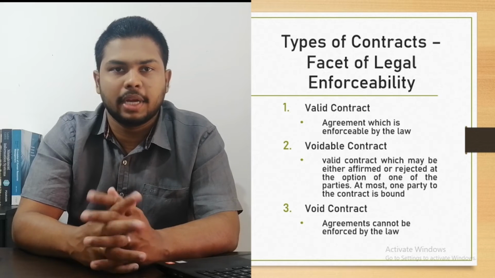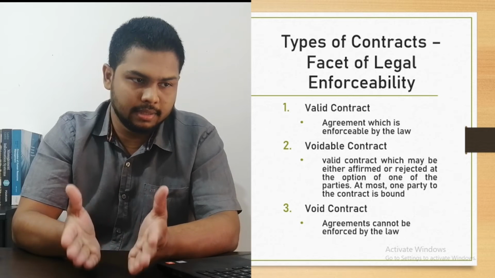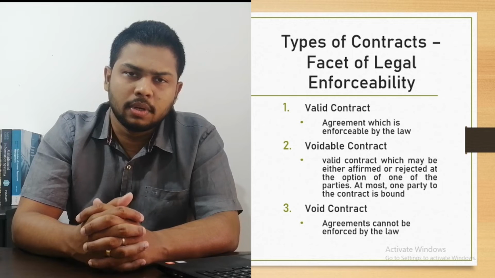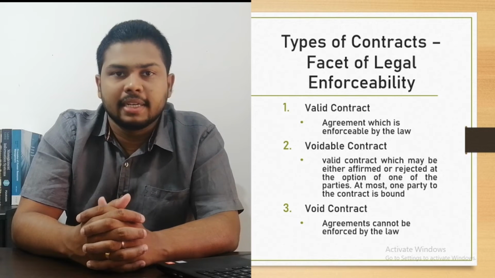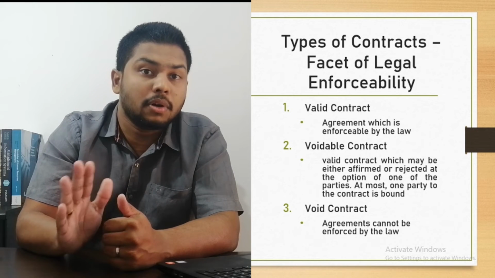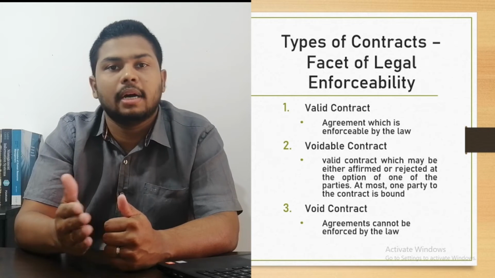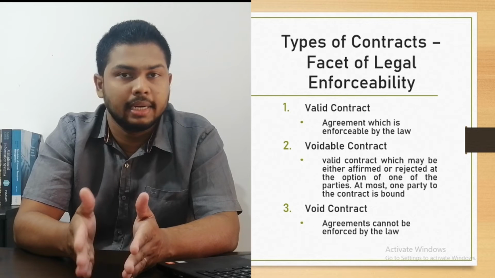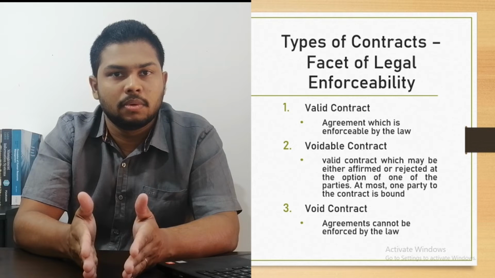A valid contract is, of course, one you can have between the parties. It is valid in the sense that the agreement can be enforced by the law of that particular country. So it's a valid contract, right? You can perform it. But when it comes to a voidable contract, these are not void contracts, right? These are voidable contracts, where either party has made a term or condition which cannot be enforced by the law, right?